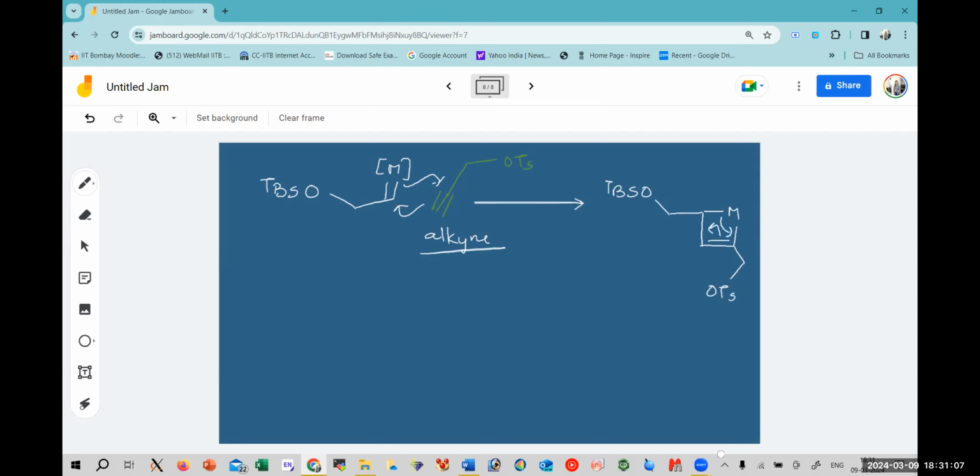We'll form a double bond here. So this should be ending up having TBSO, CH2, one more double bond.